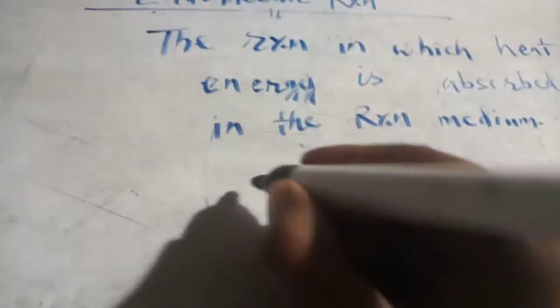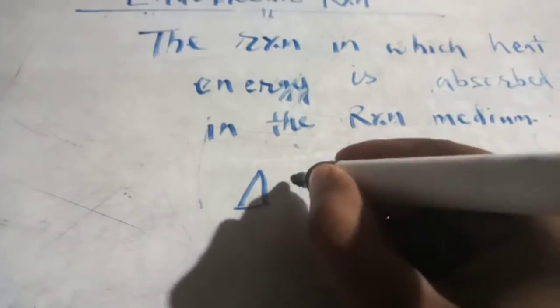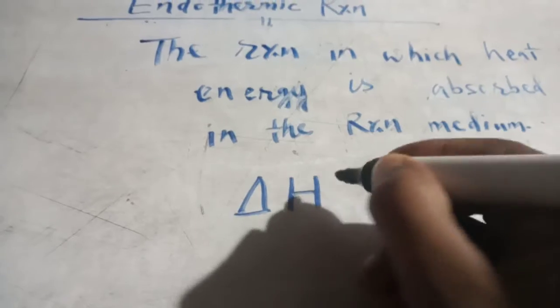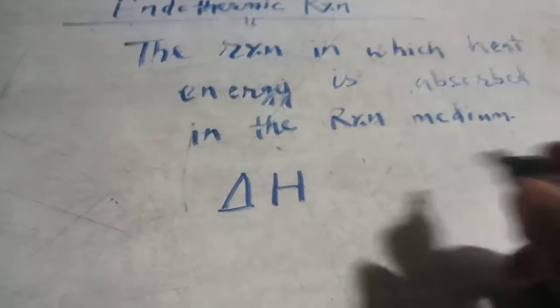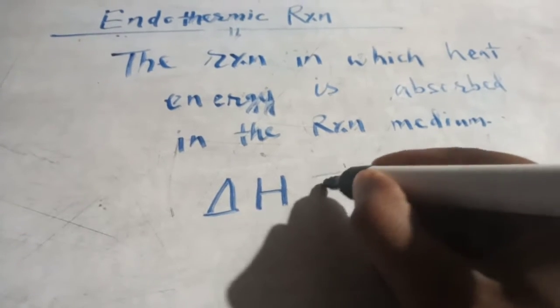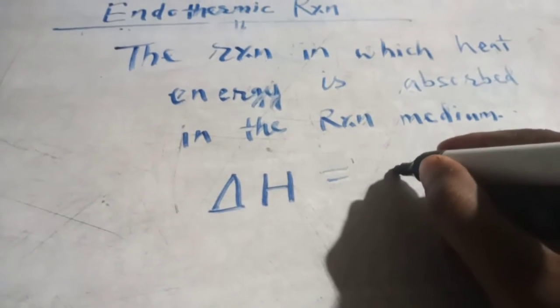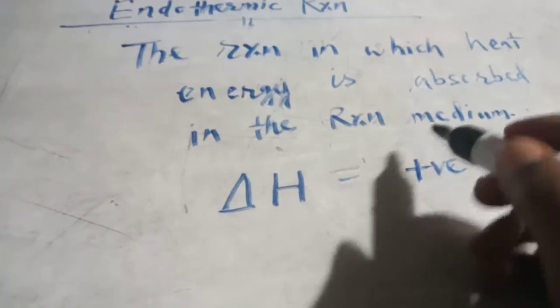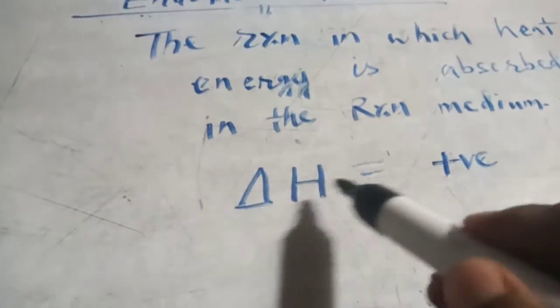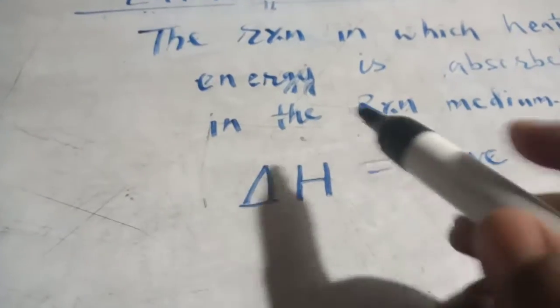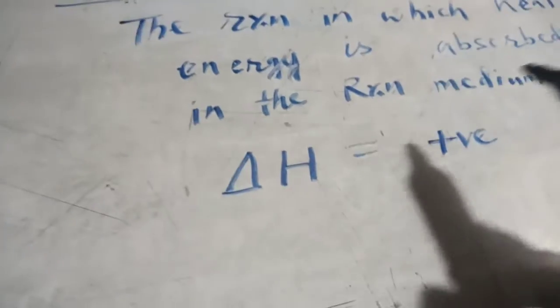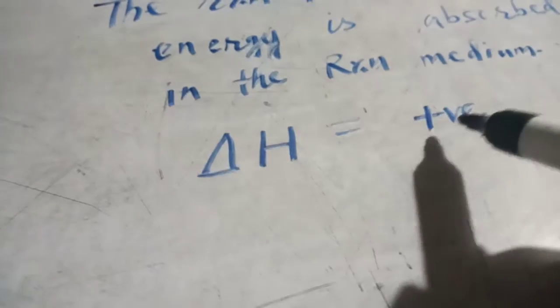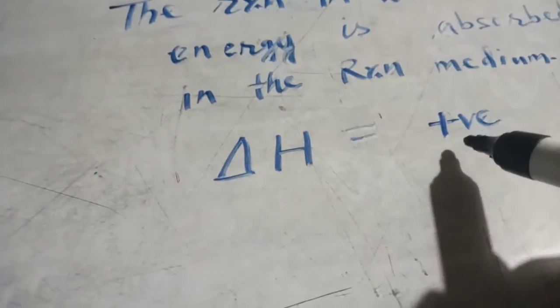The change in enthalpy, that is delta H, for endothermic reaction always remains positive. The change in enthalpy or change in heat energy, you can say, always remains positive.